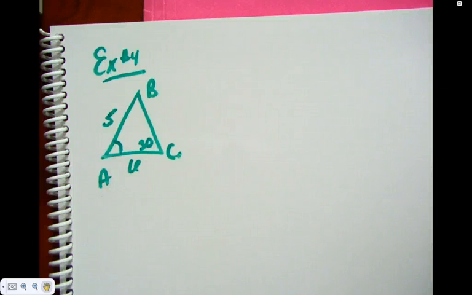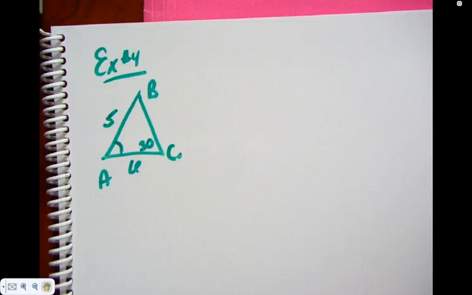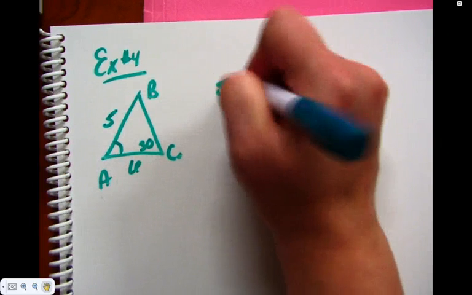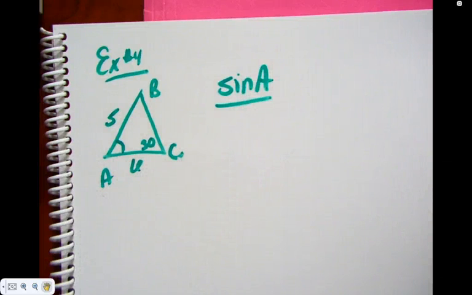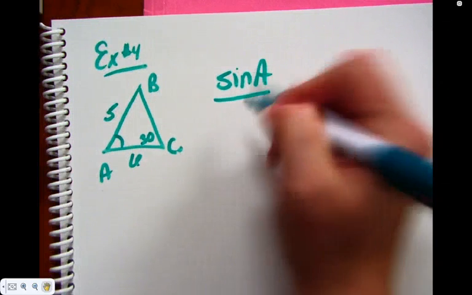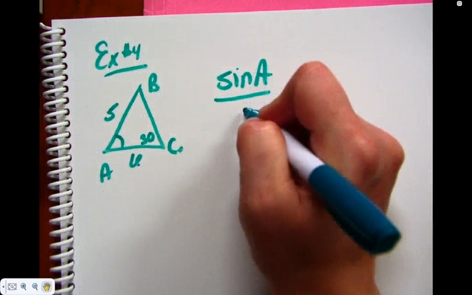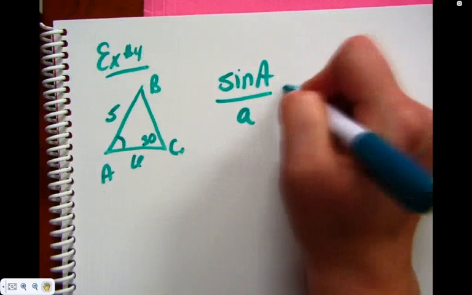Step 1 is going to be exactly the same, label or draw your diagram and label. Step 2 is going to be exactly the same, pick the formula. What are we trying to find? Angle A, so I'm going to start with sine A on the top. What am I going to put underneath it? Little a.